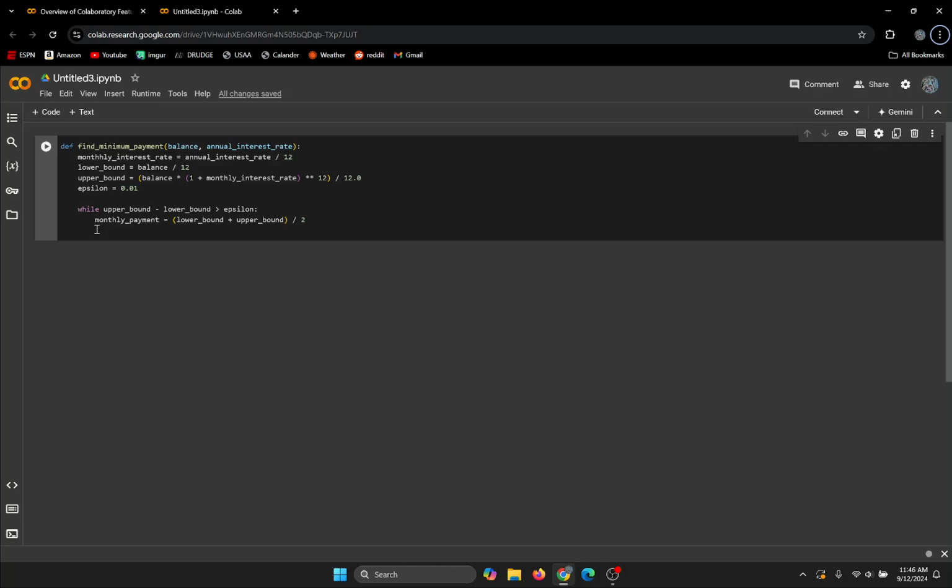So now we need a line to initialize the remaining balance to be the original balance from the start of each iteration of the loop.